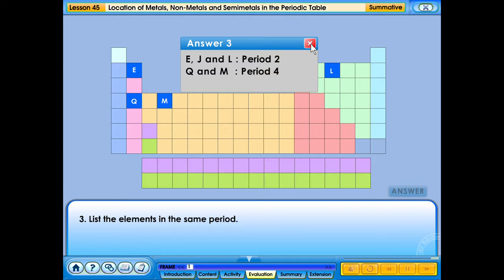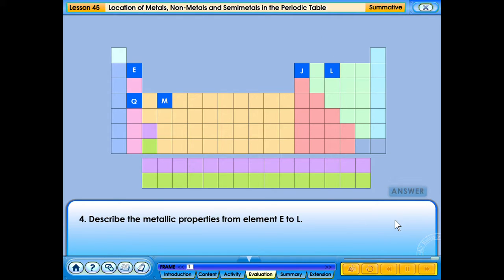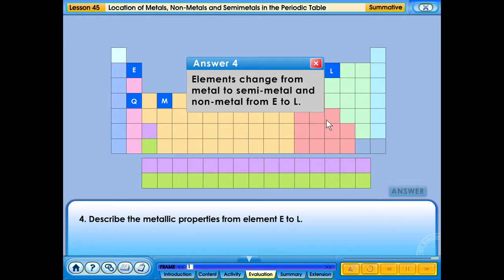Q and M, period 4. Describe the metallic properties from element E to L. Elements change from metal to semi-metal and non-metal from E to L.